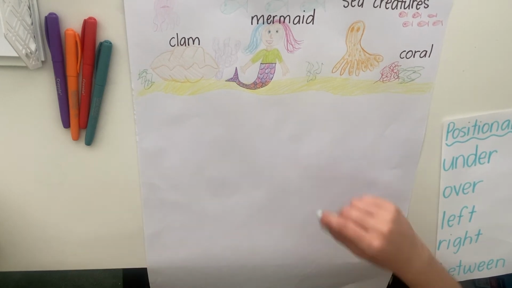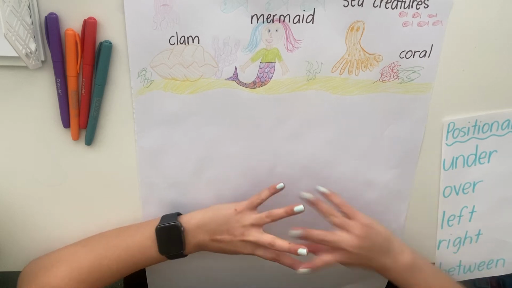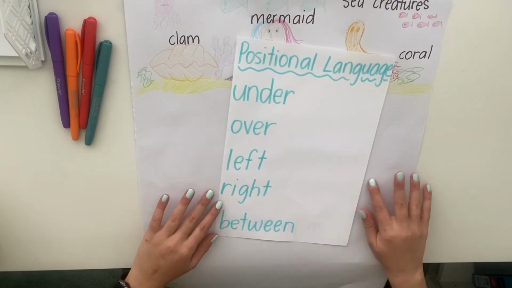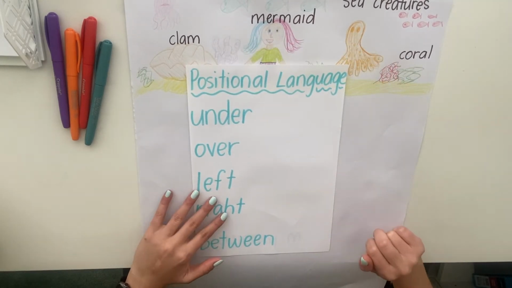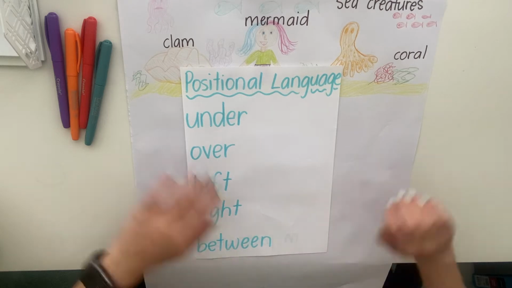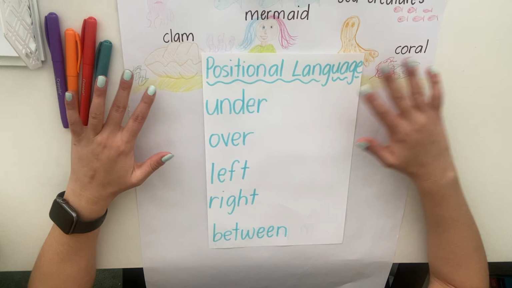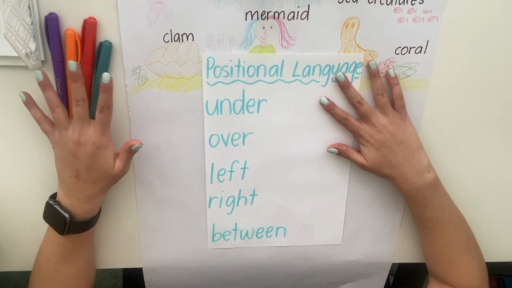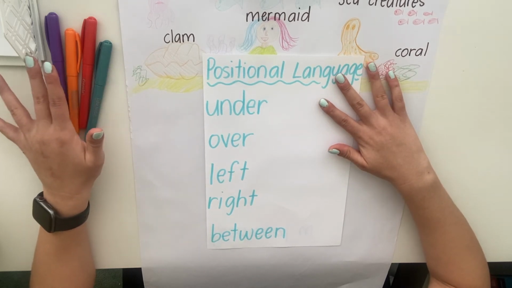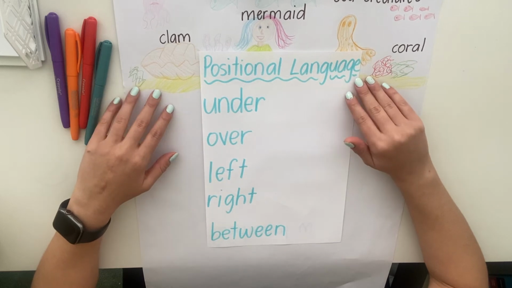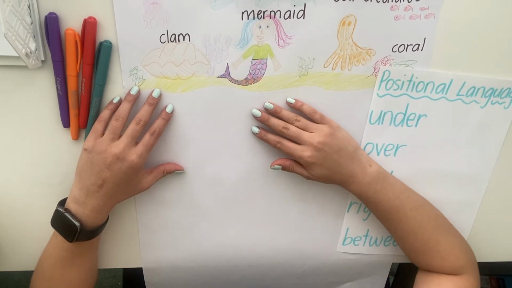Now, I was thinking about our maths focus for the week, and we have been learning about position. So I was thinking we could use some positional language in our writing today. Because when we describe something, it helps to use positional language to help the reader understand exactly where things are in the story.